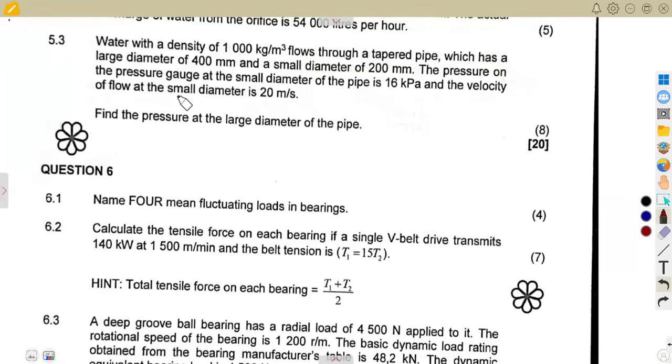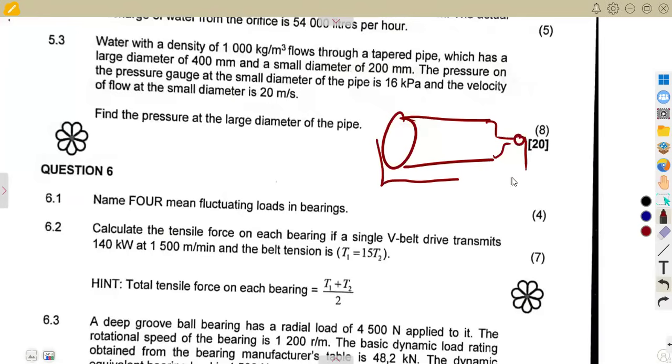As horizontal. Since you're not given the head, like the pressure heads, or the height on the inlet and the height at the outlet. Remember, when you are dealing with a horizontal tapered pipe, we have got the same height, so these heights cannot be mentioned in the question.